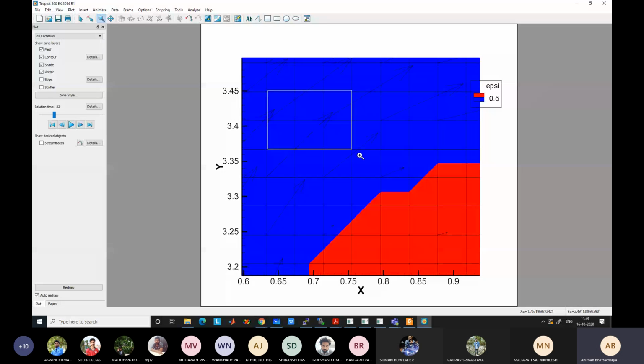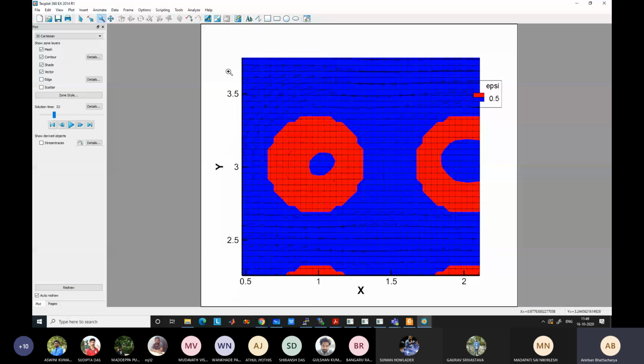There are other ways to smoothen it out, but intrinsically this is the problem with a coarser mesh. But the solution is still physically correct. It is just less accurate at the boundary. So if you want to calculate terms like heat flux at the boundary, your heat flux calculation will be more inaccurate. There will be more error because you are approximating this in a crude way at the boundary. Okay? So this is what I mean.